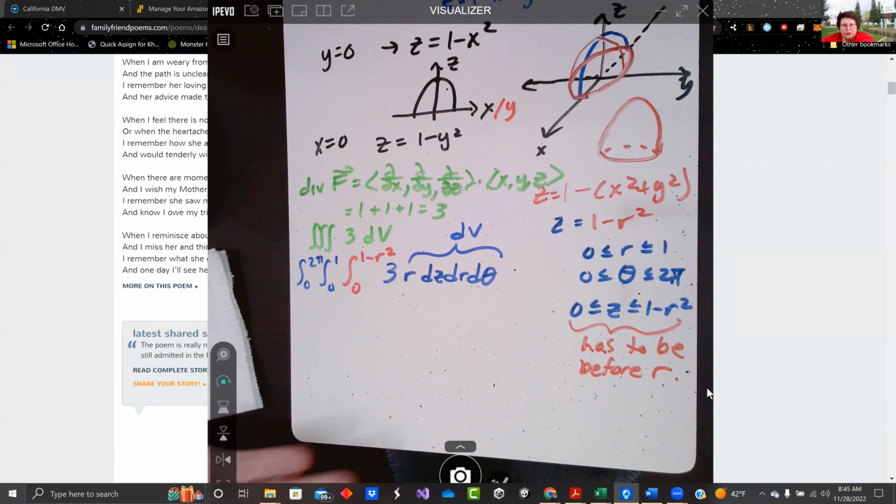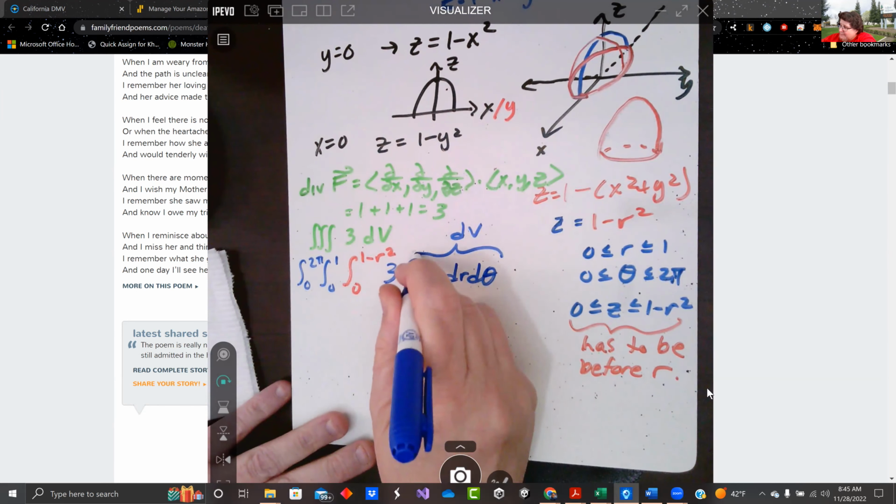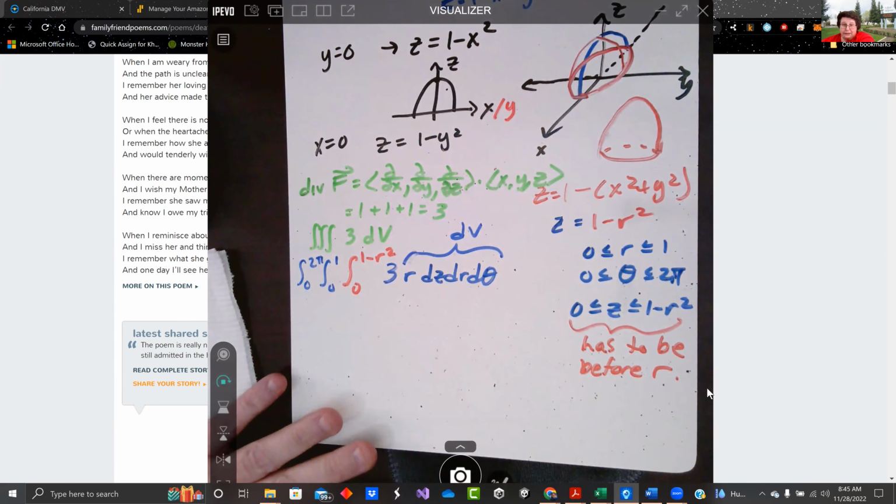And as much as it looks separable right now, it can't be separated yet because z depends on r. Once we deal with dz, we might be able to separate it because the last two limits of integration have no variables in them.